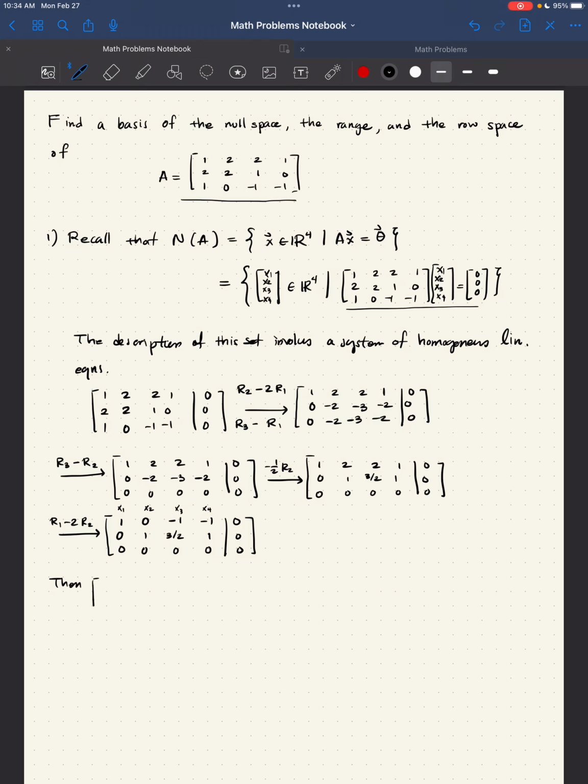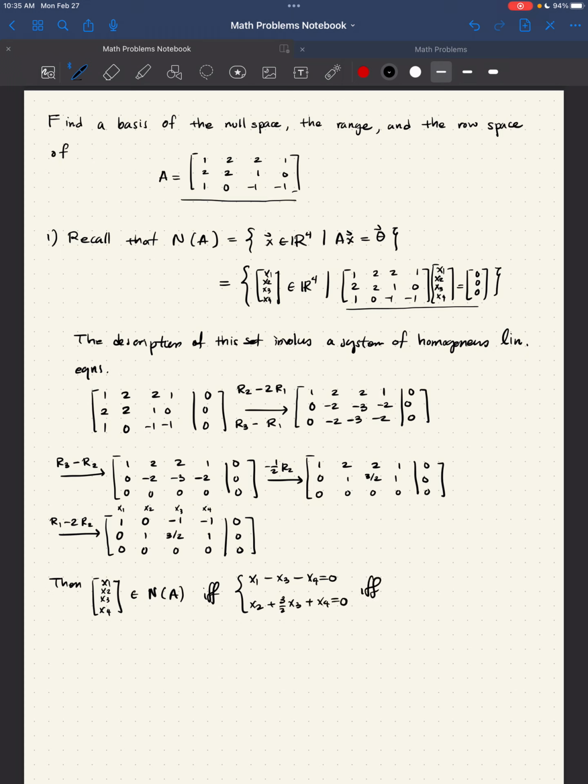Then a vector x1, x2, x3, x4 is, this is the symbol for set membership, in the null space of A, if and only if the components of the vector satisfy the following system of equations. x1 minus x3 minus x4 is equal to 0. x2 plus 3/2 of x3 plus x4 is equal to 0.